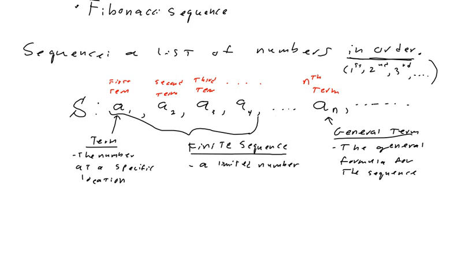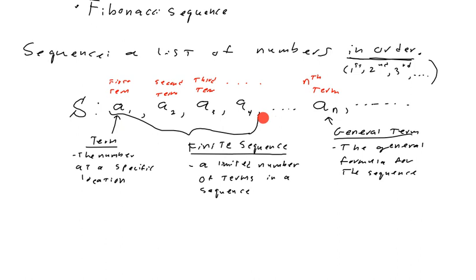A finite sequence is a limited number of terms in a sequence. It is a particular group of numbers.